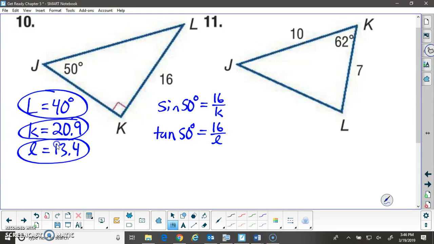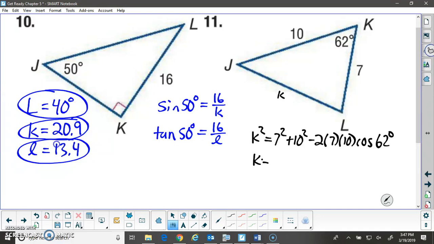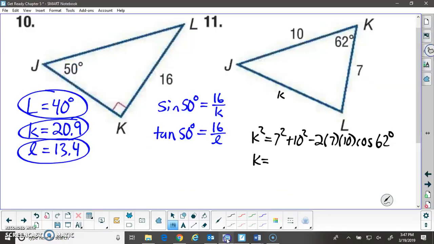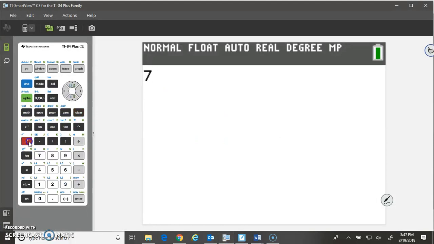And number 11 is not a right triangle, so this is a law of cosines problem. I will solve for length K first. And so if I do that, I will get the measure of length K to be, oh, goodness sakes.